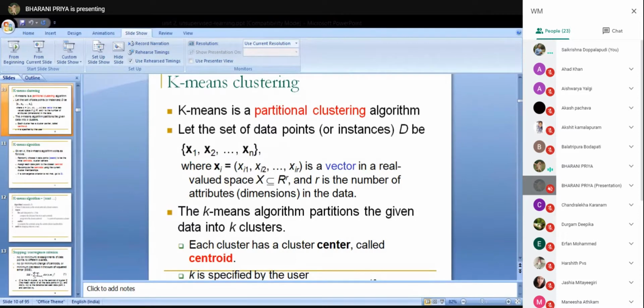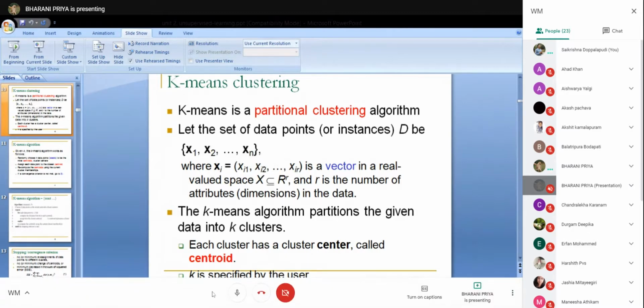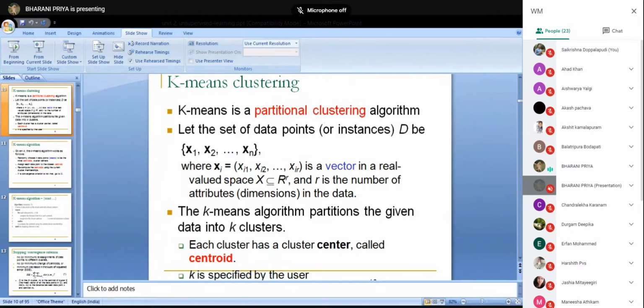First, at the first stage, we'll take k random points and we'll calculate the distance between each and every other document or other examples with these k data points. For example, we are taking the test example T1. We'll calculate the distance between T1 and these k points, k documents.